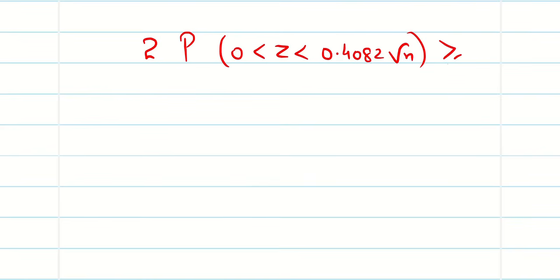Now by the symmetric property, I can write this as 2 times the probability of z between 0 and 0.4082 root 10, greater than or equal to 0.95.